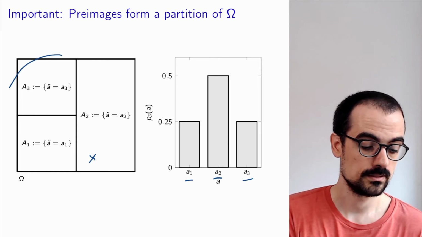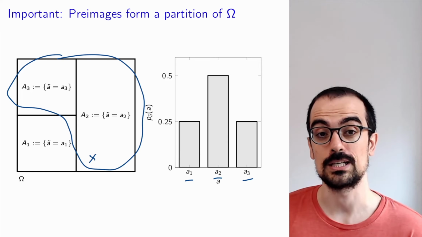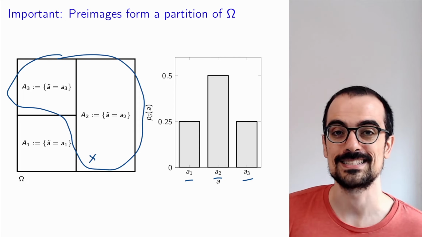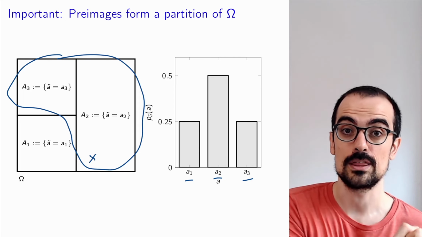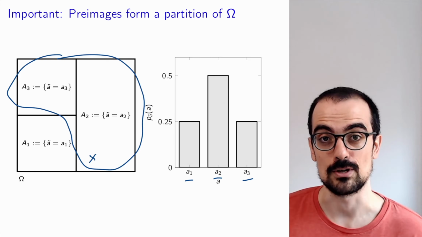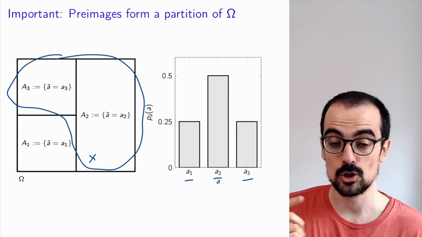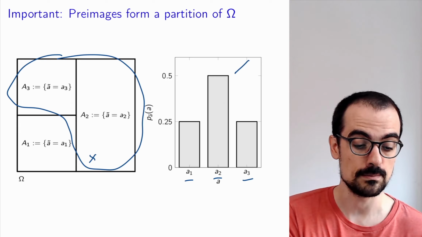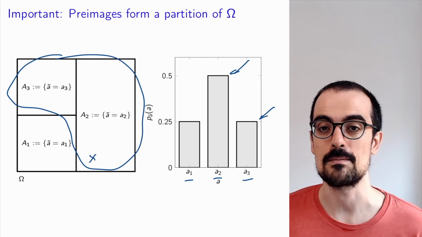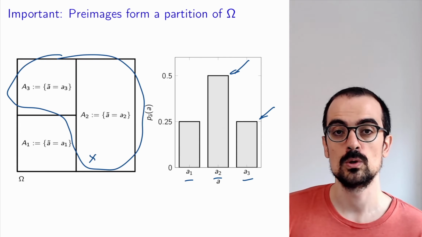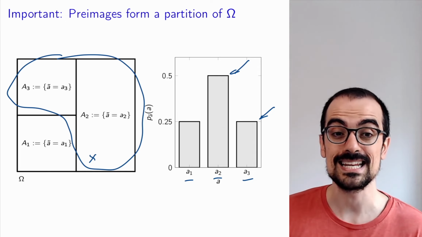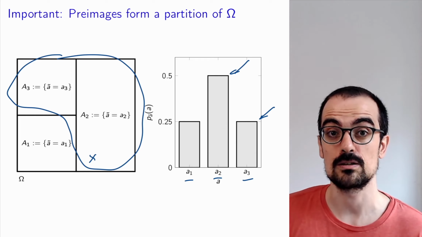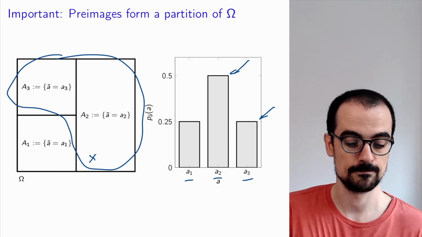So this union, how are you going to compute that probability? Well, the events are disjoint. It's just going to be the probability that the random variable is equal to A3 plus the probability that the random variable is equal to A2. But those are already encoded within the PMF. So you can just sum values in the PMF to compute the probability that the random variable is in this subset. And you can do that for any subset because this is a granular partition of the sample space.